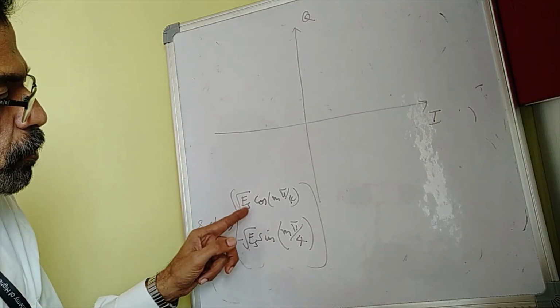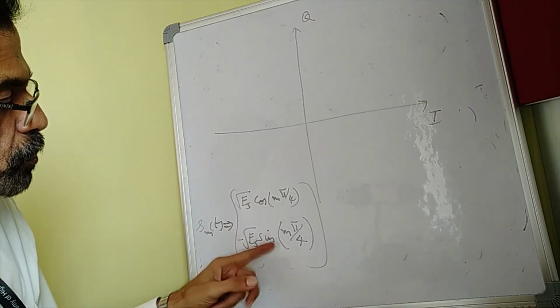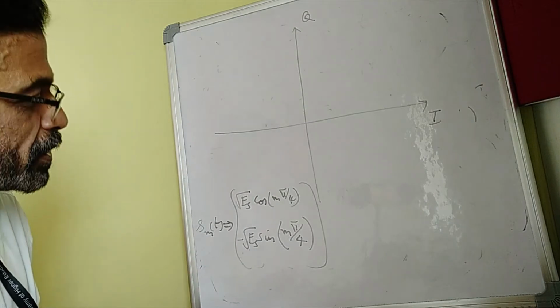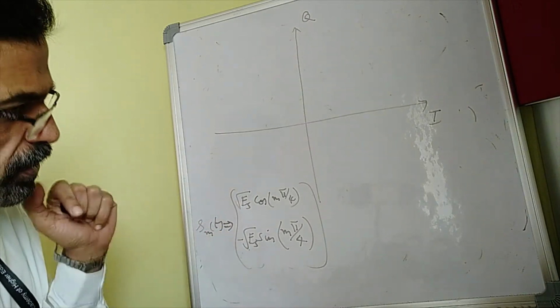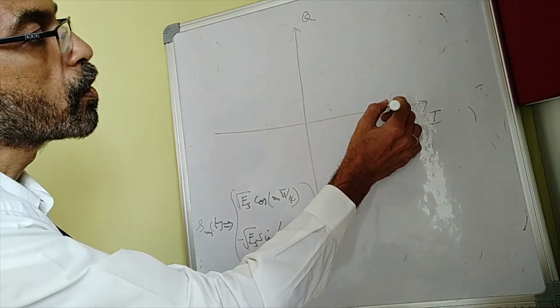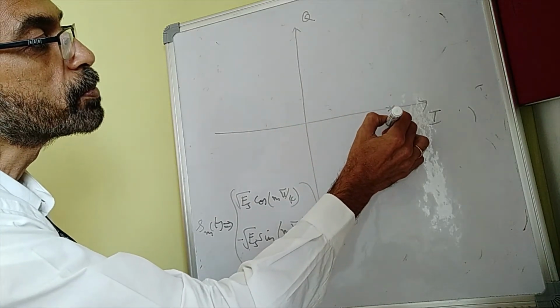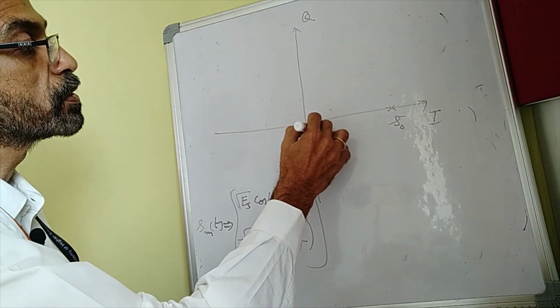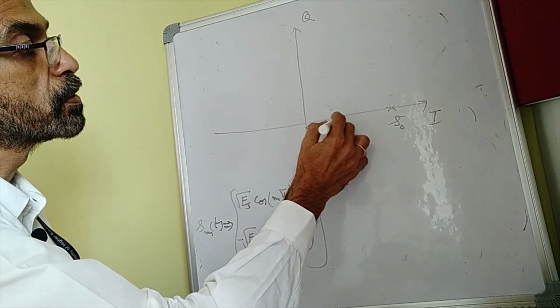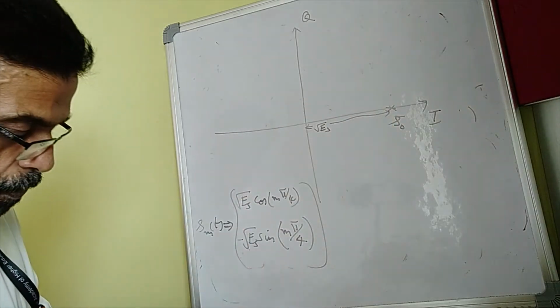S0 will be root Es cos 0, minus root Es sin 0. That clearly says that S0(t) has its coordinates root Es and 0. That will be this, and this will be root Es.